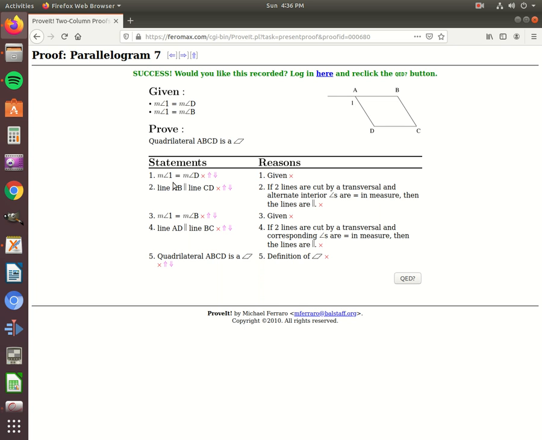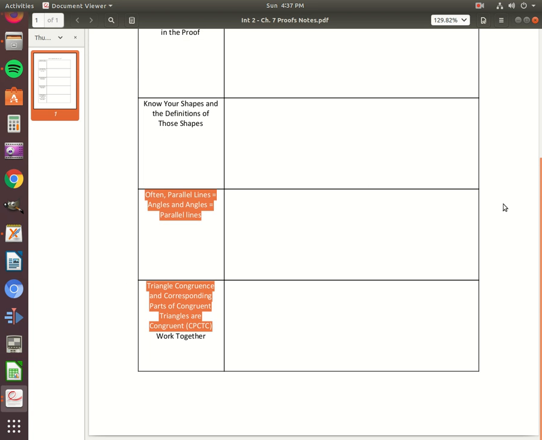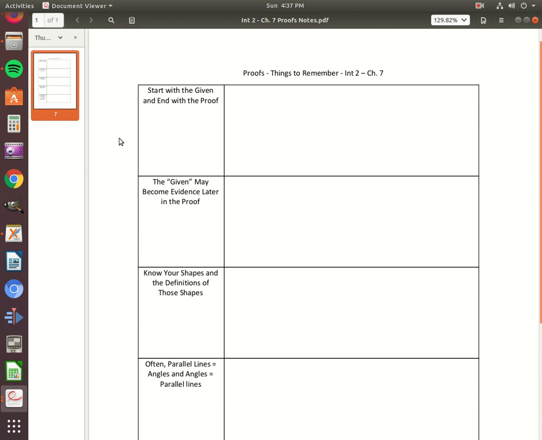It's just one of those things where I talked about these angles, so I want to talk about the lines that go with it, and I talked about these angles, so I want to talk about the lines that go with it. I could have just given all the given and then everything that are proved, but I like to have my proofs tell a story if I can and go in a logical sequential order. So again, you'll notice hopefully that we started with the given and with the prove.